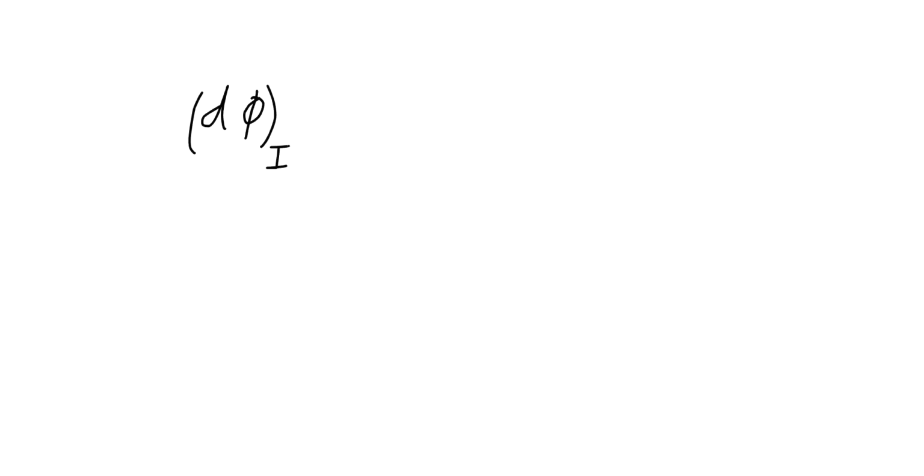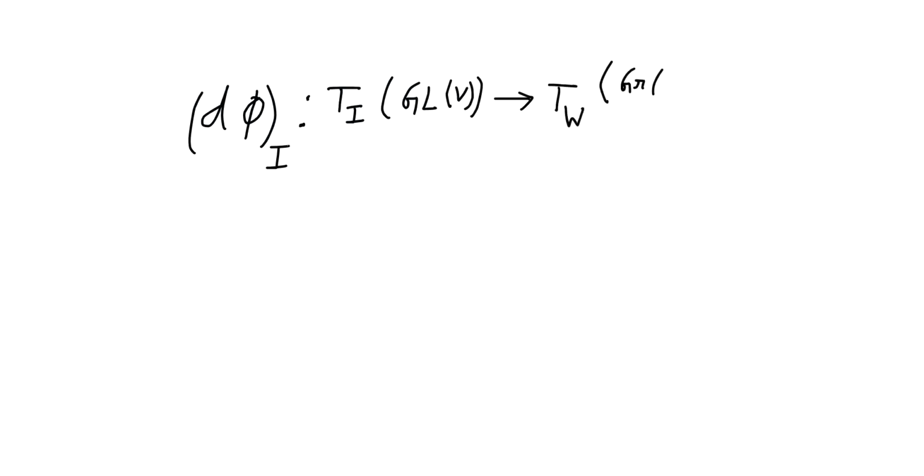So this is a map from the tangent space at the identity of GL(V) to the tangent space at the point W of the space Gr(k, V), right? That is how the differential works. If you have a smooth map, then at each point you can differentiate to get the derivative map between two tangent spaces.